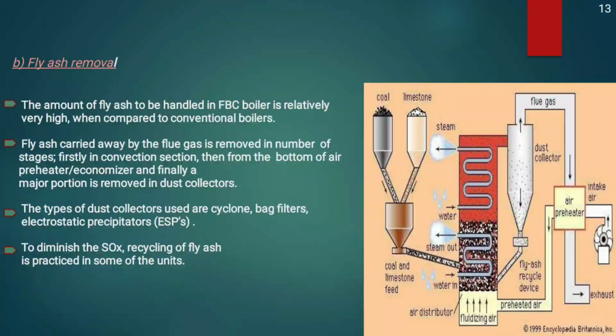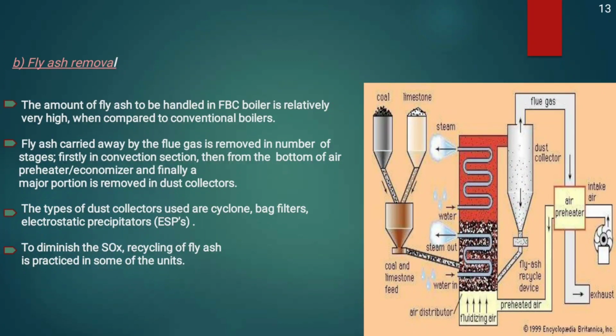Next one is fly ash removal. The amount of fly ash to be handled in an FBC boiler is relatively very high compared to conventional boilers. Fly ash carried away by the flue gas is removed in a number of stages: first in the convection section, then from the bottom of the air preheater and economizer, and finally a major portion is removed in the dust collector.